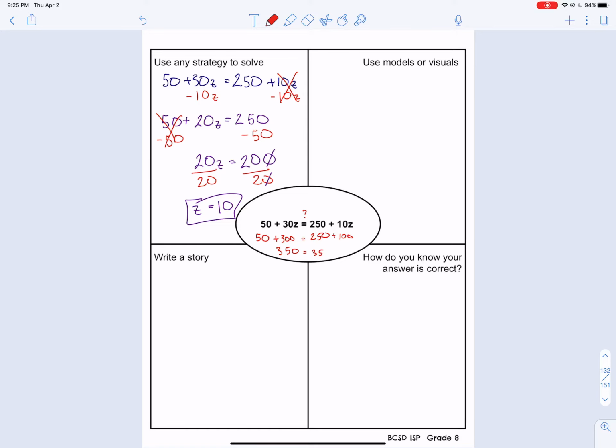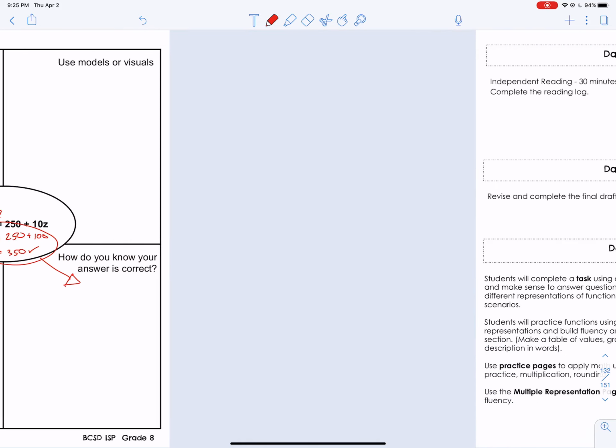It sure does. Okay, so you could actually put this right here, because that's how you know I checked my work, right? I substituted the 10 back into the original equation, and both sides are equal, so that's how I know my answer is correct. And that is the end of day 9.